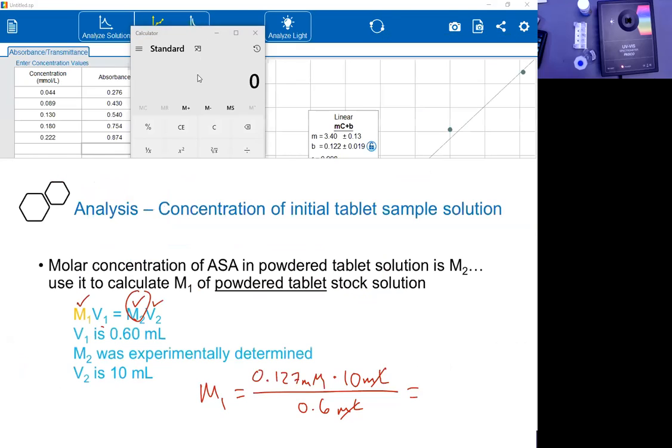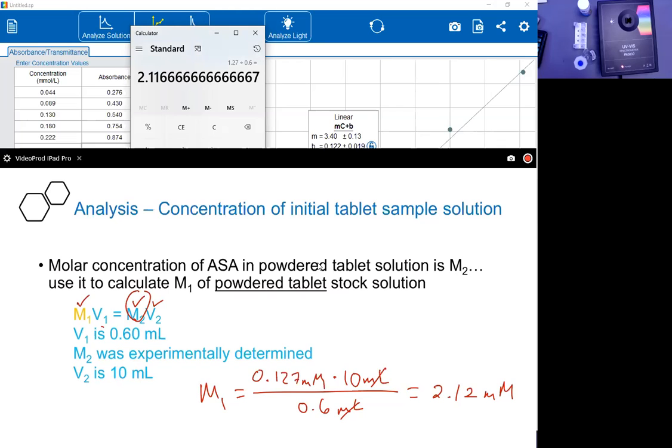Okay, so on my calculator, I've got 0.127 times 10. Divide that by 0.6. I get 2.12 millimolar. Okay, that looks right. So I'm going to write that down. Got to keep track of my numbers, 2.12 millimolar.